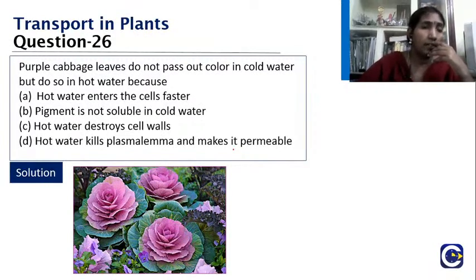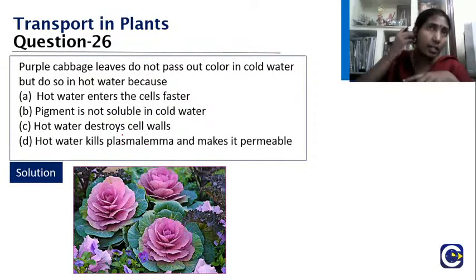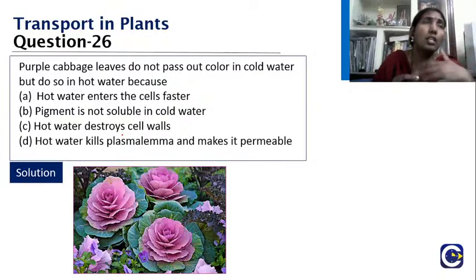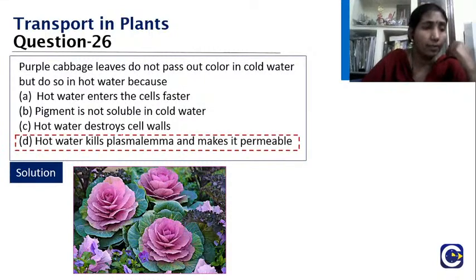hot water, it will kill the plasma lemma. So cell membrane permeability will be altered because of the temperature change. We know what are the things that will alter the permeability of the cell membrane. One such is the temperature. So once the hot water changes the permeability, what will happen? It will kill the plasma lemma, and that is the reason. Okay, so the answer is what?